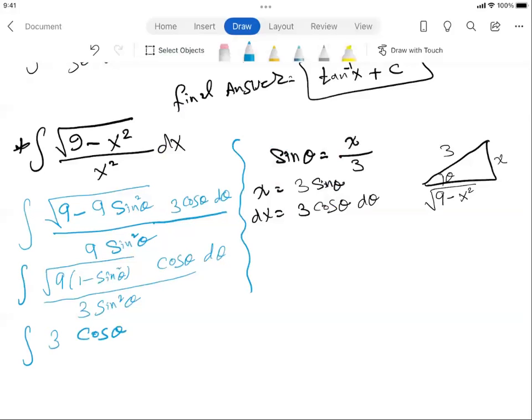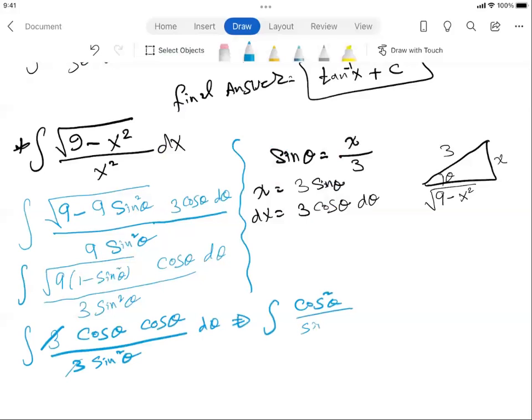Then I have another cosine, and I have a 3 sine square of theta d theta. So 3 with 3 cancels out. I simply have cosine square of theta divided by sine square of theta d theta. And that's simply equal to cotangent square of theta d theta.